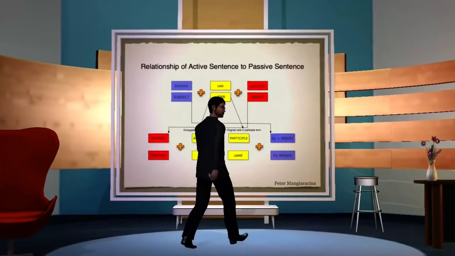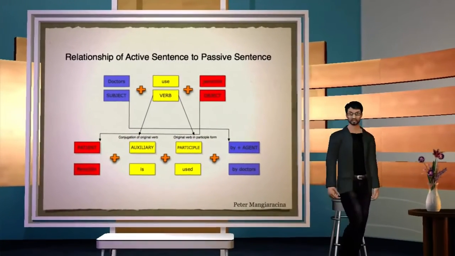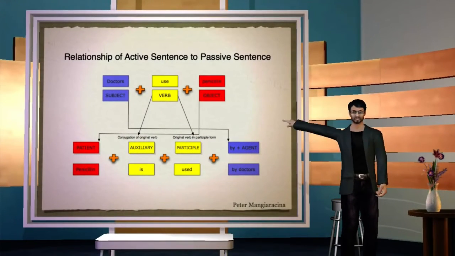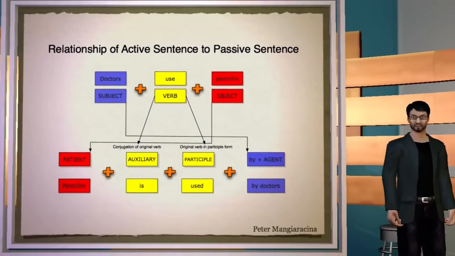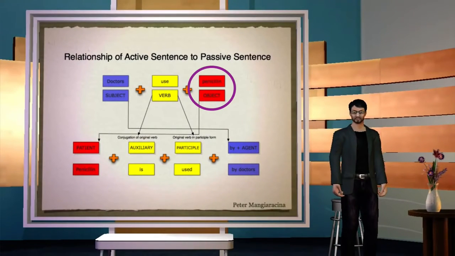Let's take a little deeper look at exactly how an active sentence can become passive. Let's take a simple sentence like doctors use penicillin. Doctors is the subject, the verb is use, and the object is penicillin. The object, penicillin, moves over into the first position. The verb splits into two parts, the verb to be and a participle of the original verb from the active sentence.